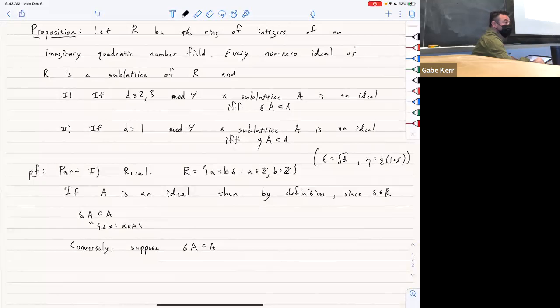If we know that A and delta, like if A equals 1 is in there and delta is in there, we can construct it.